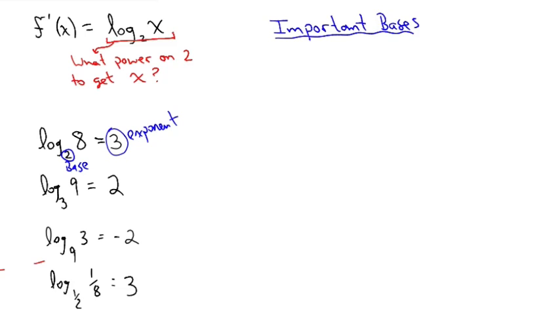So when we talk about important bases, the two important bases are this. Log base 10, because our number system is based on 10. And the other one is log base e. That nice natural number thing. Now, when we work with log base 10, it's understood that 10 is our natural base. Not the natural number base, but it's our natural base.